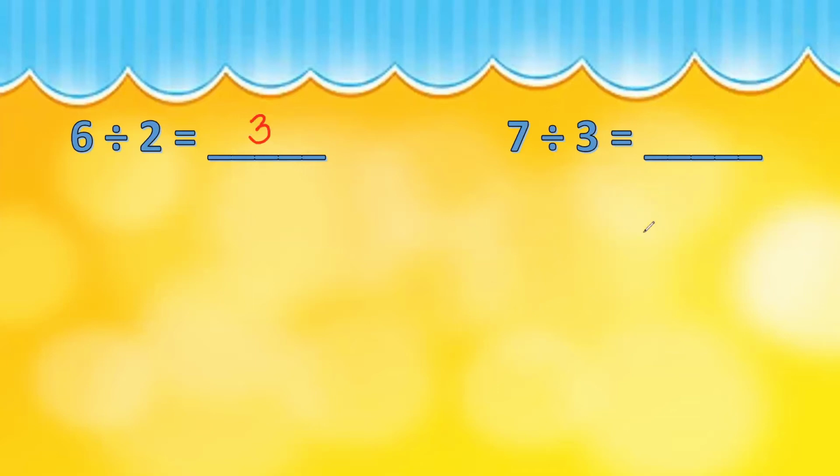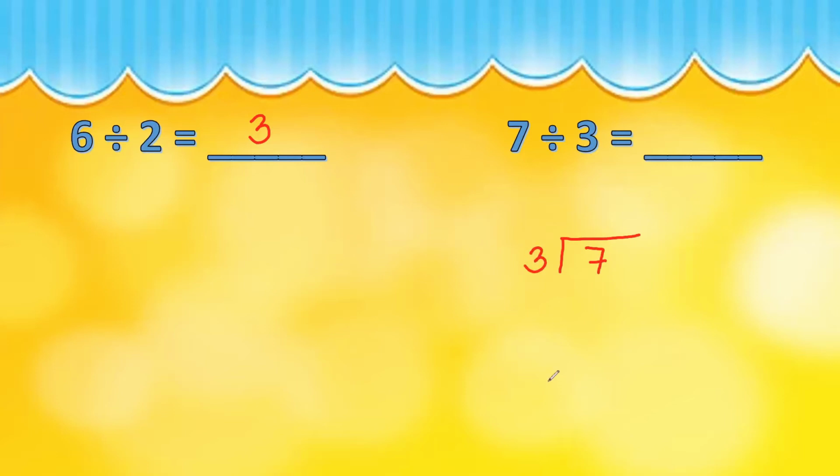So again, how are we going to use this symbol? Let's try. The dividend, which is 7, will be inside, and the divisor, which is 3, will be outside.